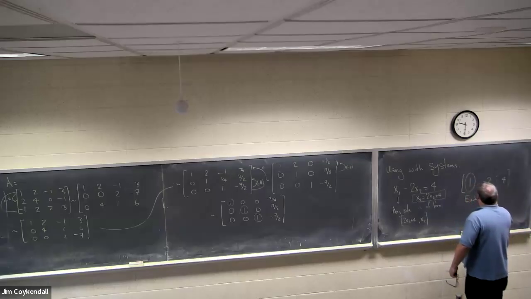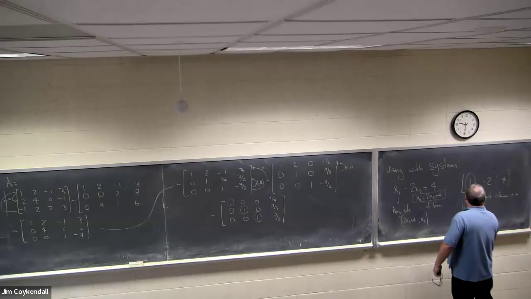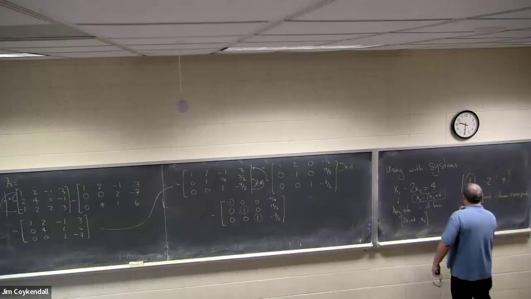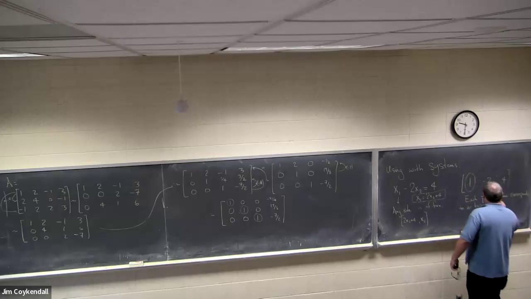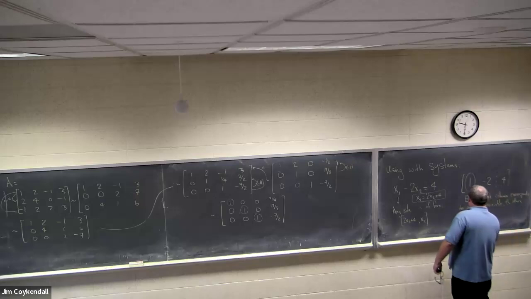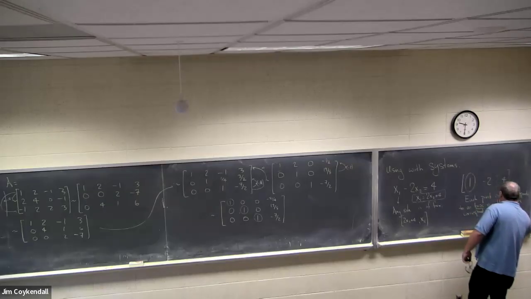Each pivot column, and there's only one here, corresponds to a basic variable. And the others correspond to free variables.